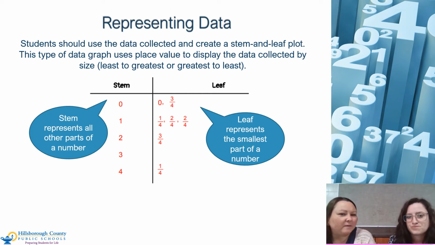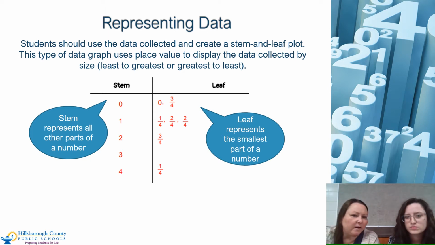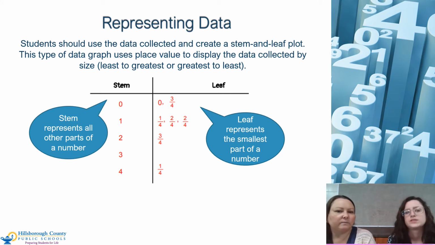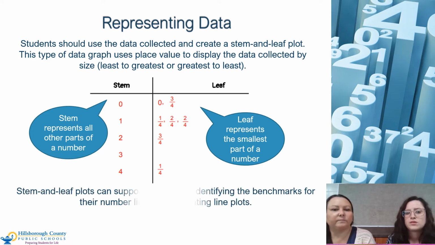And then in the next row, I have 1 and 1/4, 1 and 2/4, and then another 1 and 2/4. Is that correct? Absolutely. Students really have to understand how to decompose numbers to be able to make the stem and leaf plot. Students will also use this to help create the benchmarks for their number lines when they're creating the line plots.